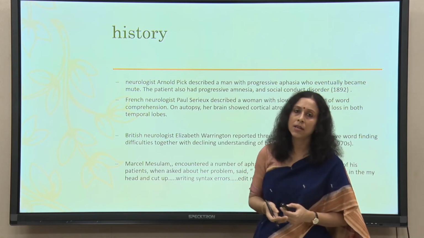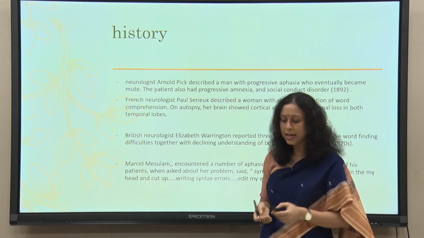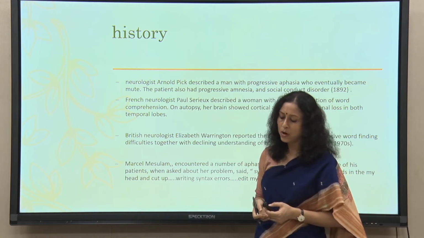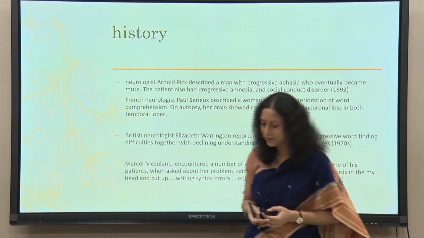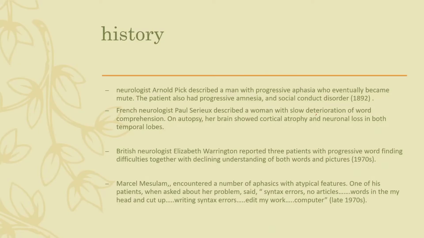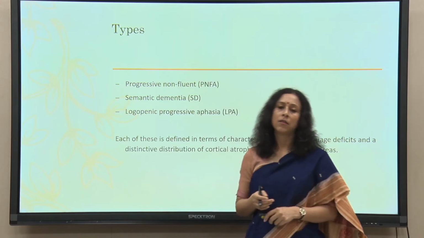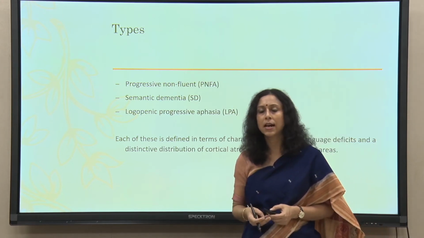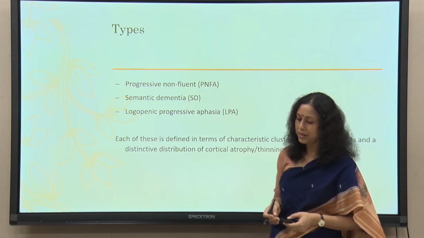At one time he actually threatened his wife with a knife, but these were one-off incidents that co-occurred. Then there are many other cases as well. In another case, a woman with slow deterioration of word comprehension was also found. Gradually this kind of findings built up, and then we came to a better understanding of various kinds of aphasia that are part of neurodegenerative diseases.